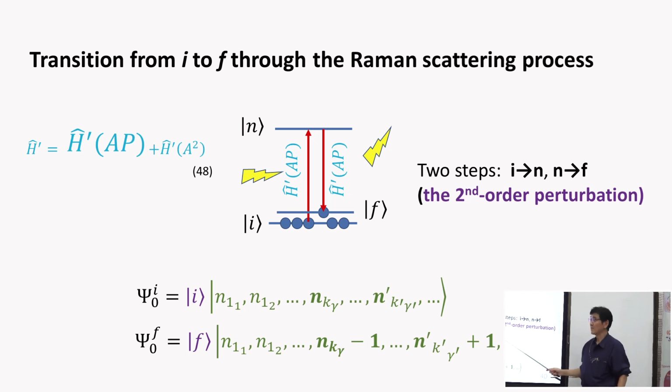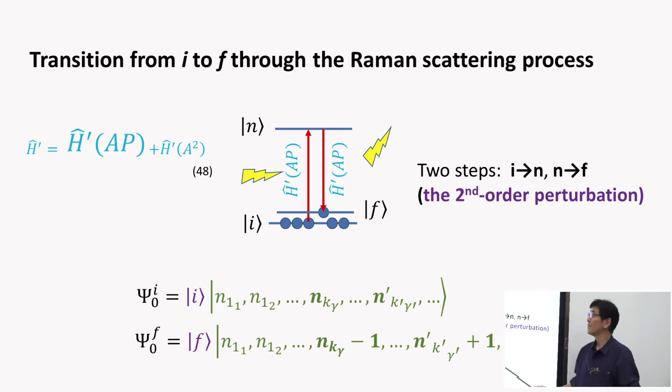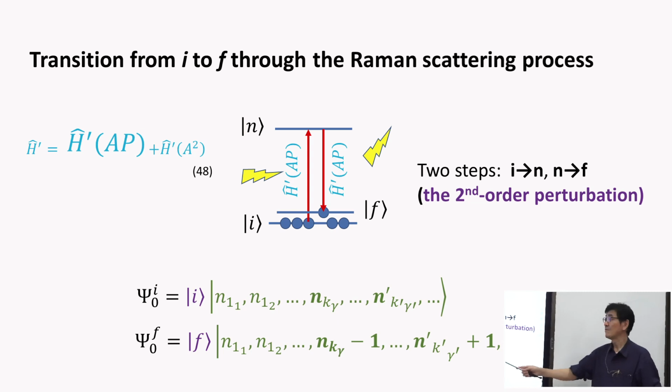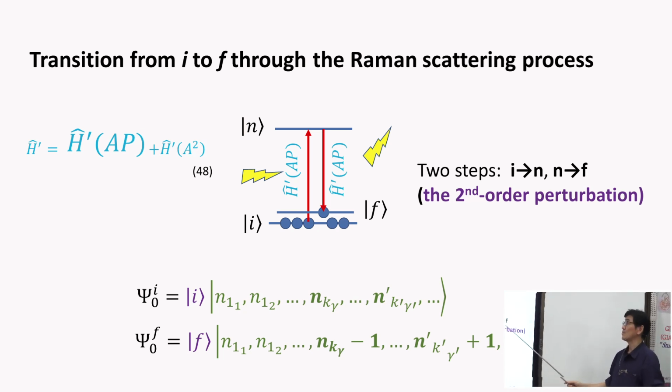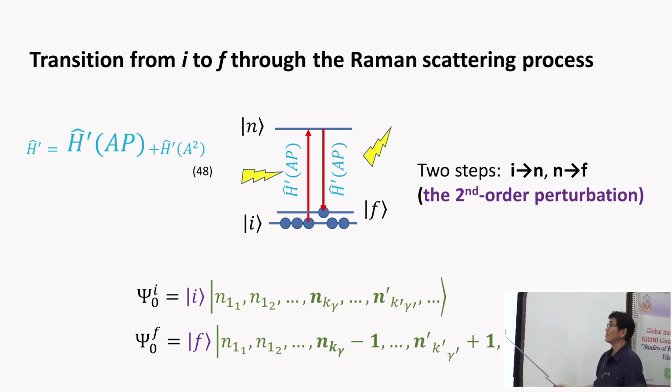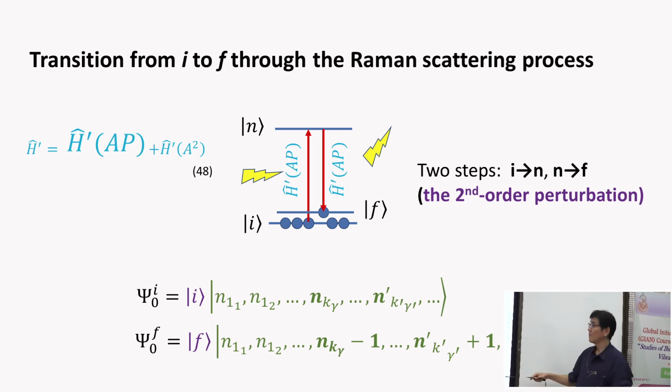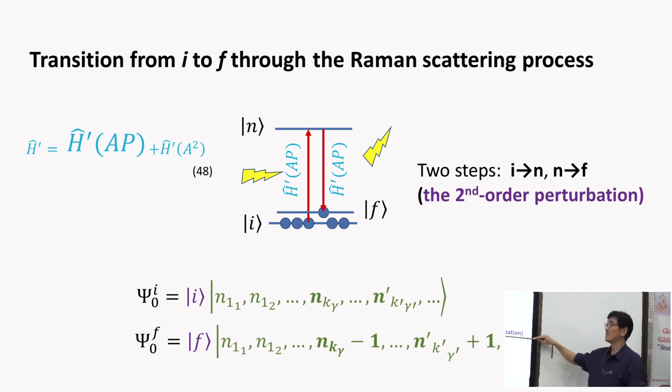And this process is explained by considering the twice application of H prime A·P. Okay, so we should understand this process as a two-step perturbation from initial to intermediate to final. Accordingly, this is the second order perturbation.